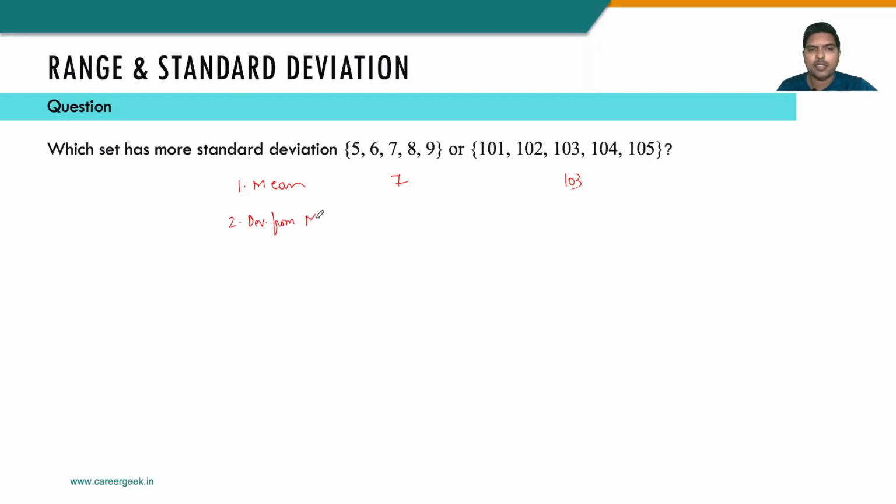Second step is the deviations from the mean. 5 minus 7, 6 minus 7, 7 minus 7, 8 minus 7, 9 minus 7. For this set, let's say set 1 and set 2. 101 minus 103, negative 2, negative 1, 0, 1, 2.